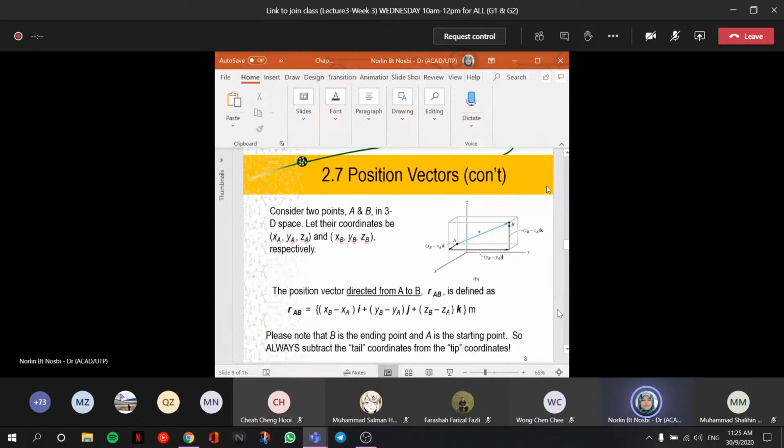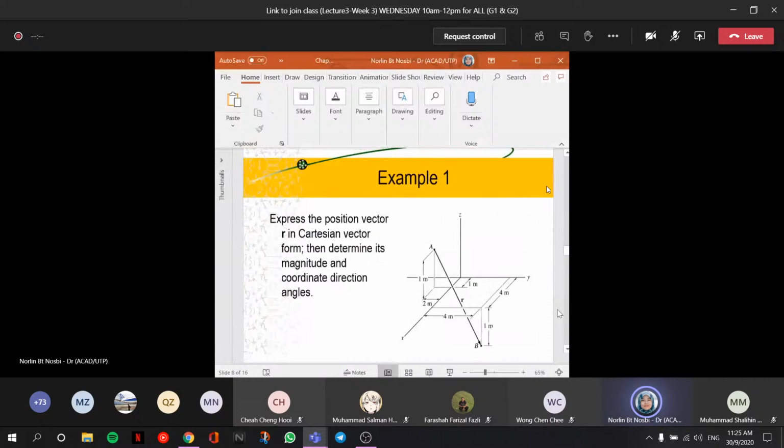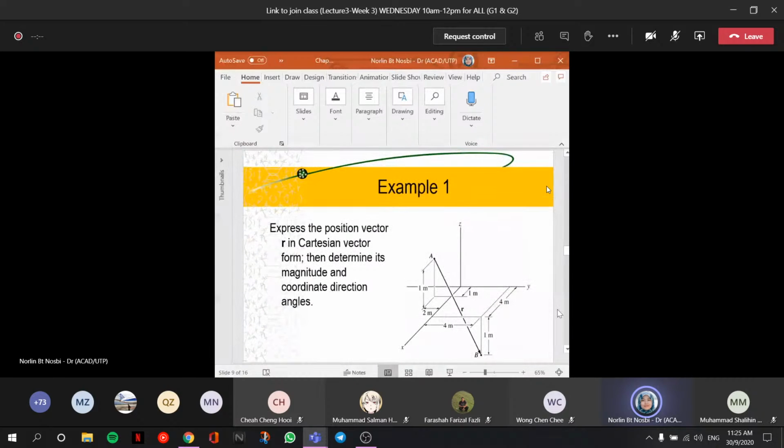Okay, for example 1, let's see here. You need to express the position vector r, this vector labeled as r, in Cartesian vector form. So make sure there's i, j, k.